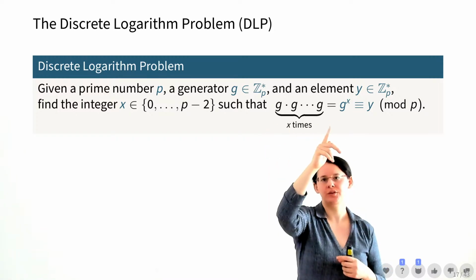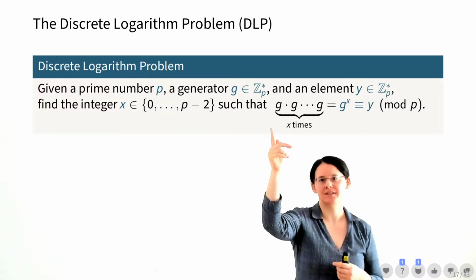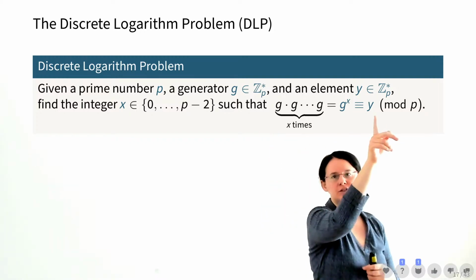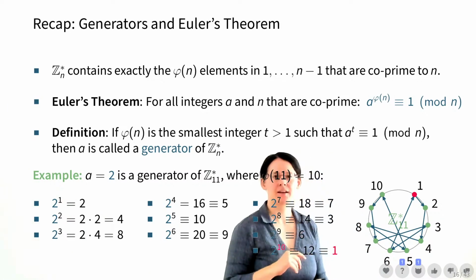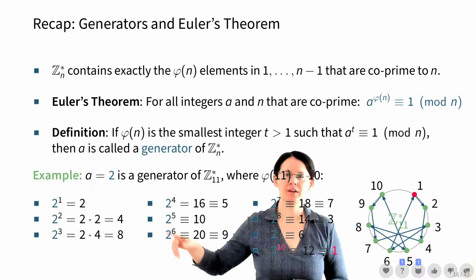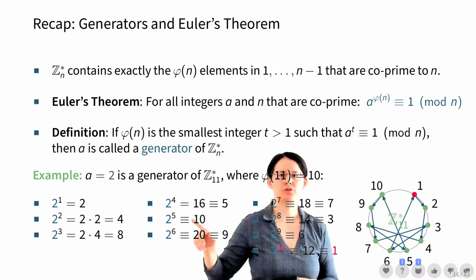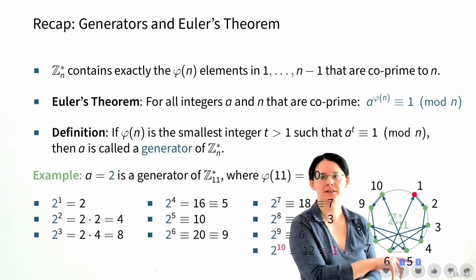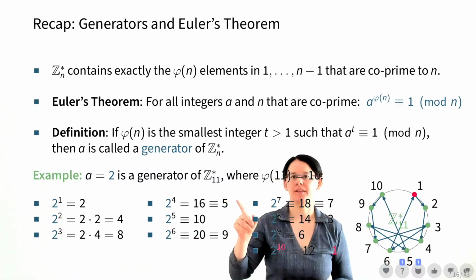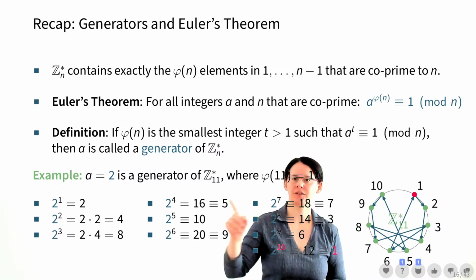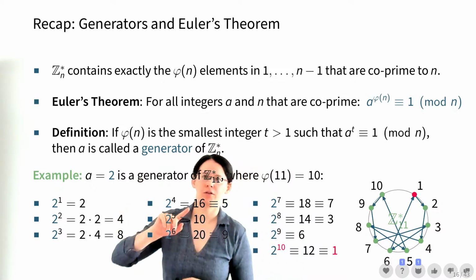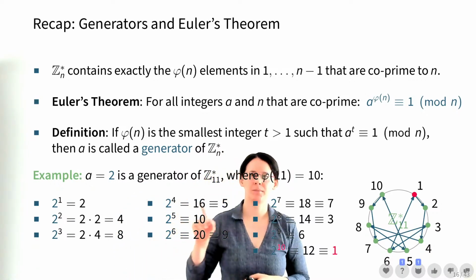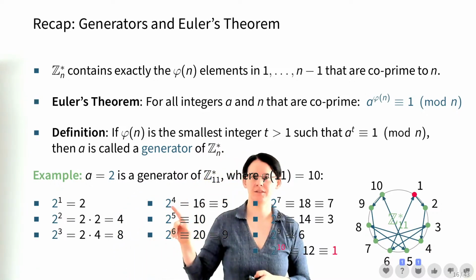So how often do you need to multiply G by itself in order to get the challenge element Y? So going back to the previous slide, we might be asking, what exponent do I need for 2 in order to generate, for example, the number 5 here? And the answer to that question in that case would be 4. So for this reason, we call 4 the discrete logarithm of 5 with base 2.